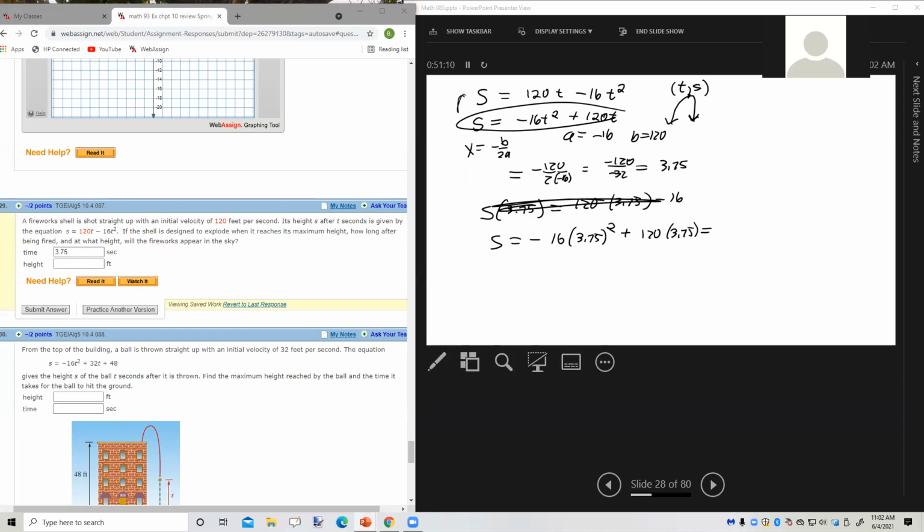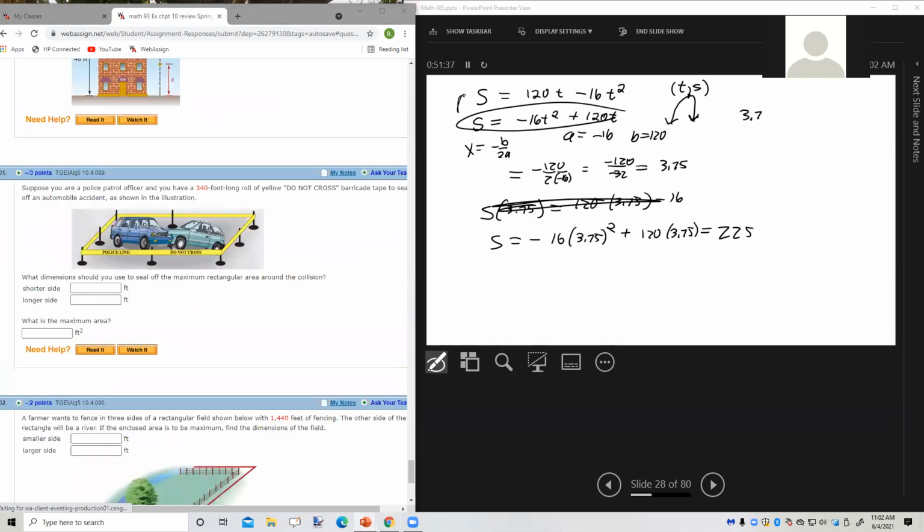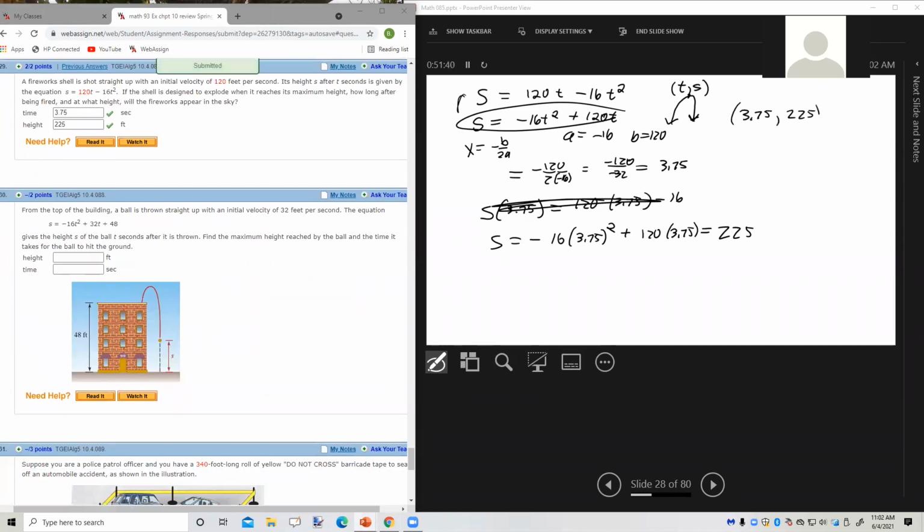Calculator time. I'm getting 225. So that would be the height, 225. So the vertex of this parabola would be at (3.75, 225).